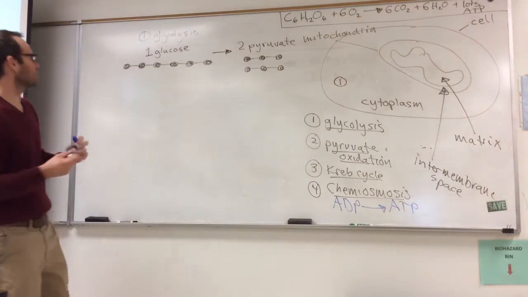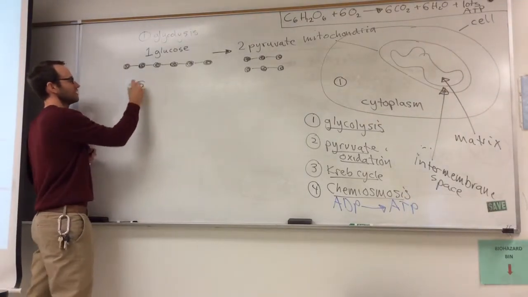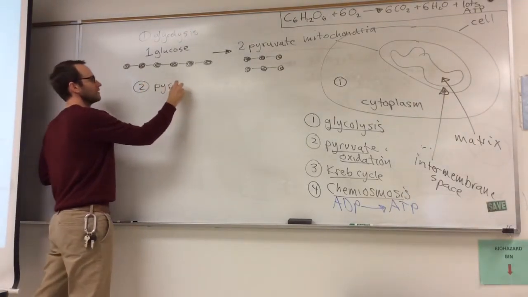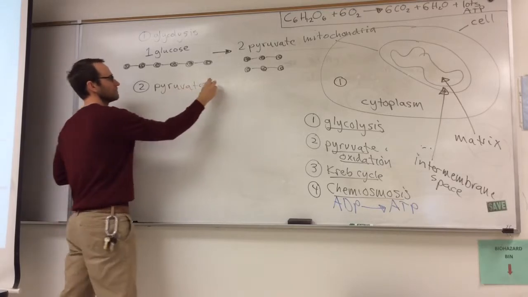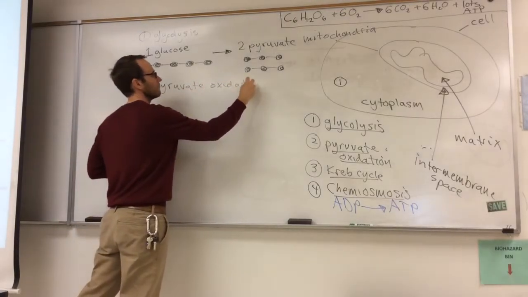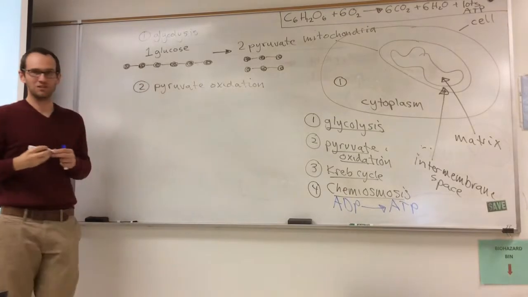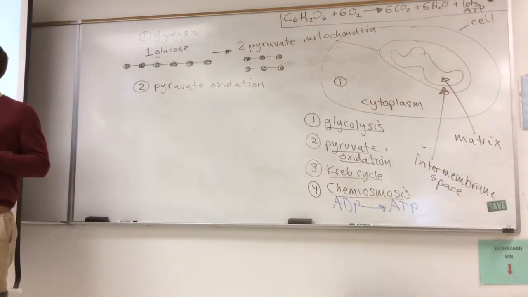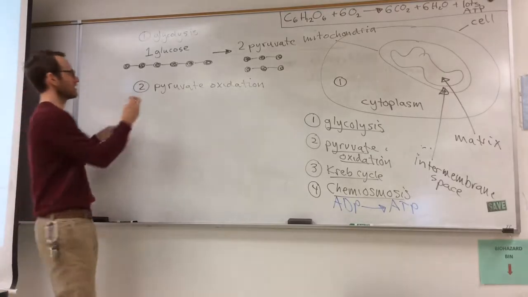So we then move on to our next step, which is called pyruvate oxidation. And in pyruvate oxidation, we chip off one carbon from each of these 3-carbon molecules. All right? And I'm going to illustrate that up here.